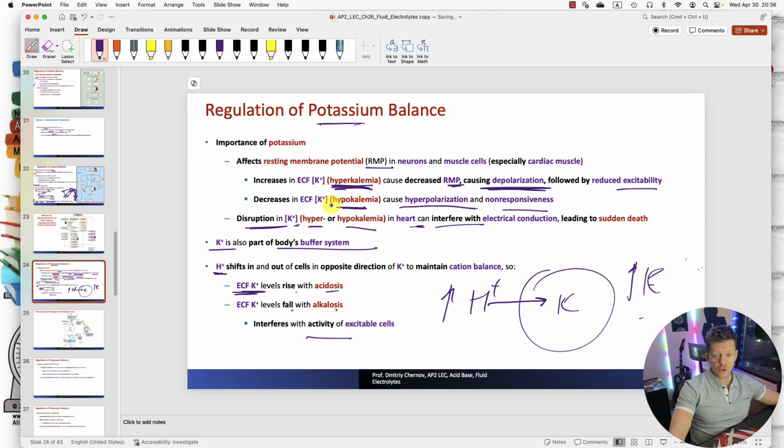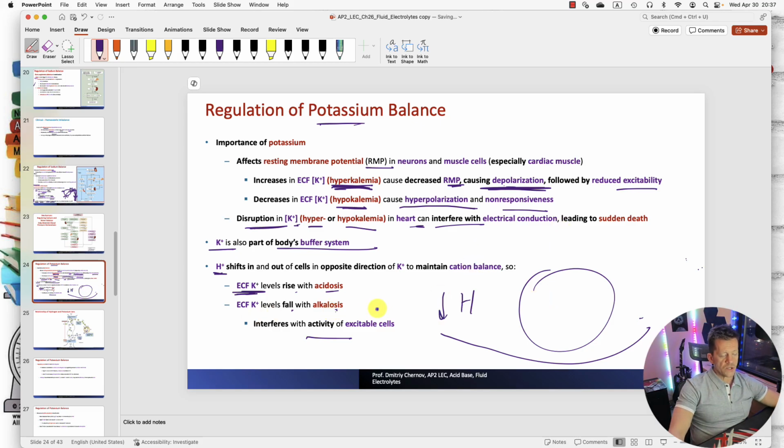And that disrupts the normal flow of electrolytes in the cardiac muscles, what we just discussed. So this acidosis may cause depolarization, followed by reduced excitability because it's harder to reestablish membrane potential.